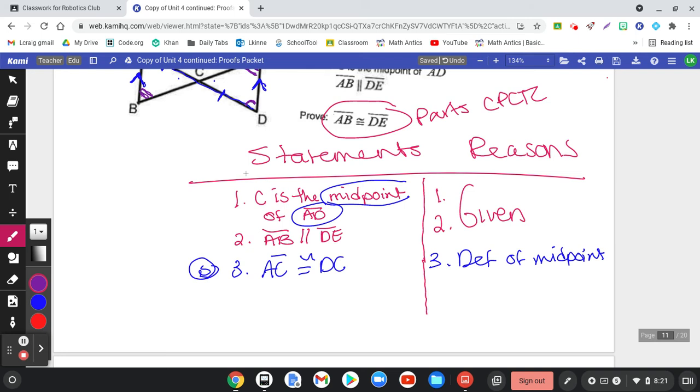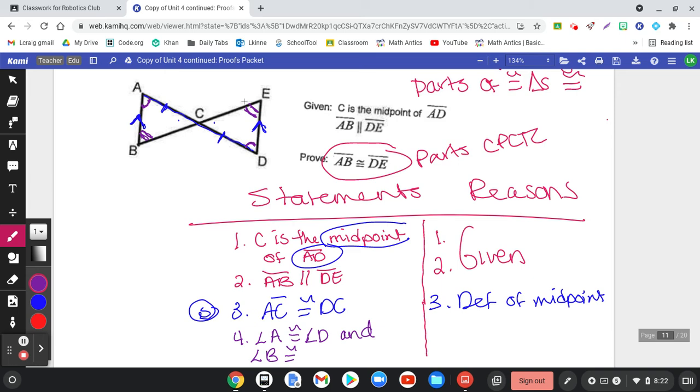We could say, all in one step, angle A is congruent to angle D, and angle B is congruent to angle E. And the reason, you have to use the parallel and you have to tell me what type they are.